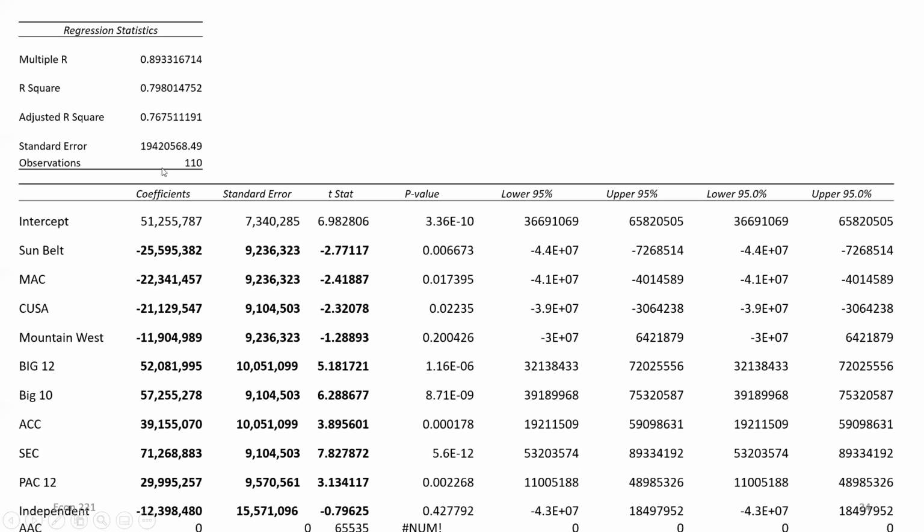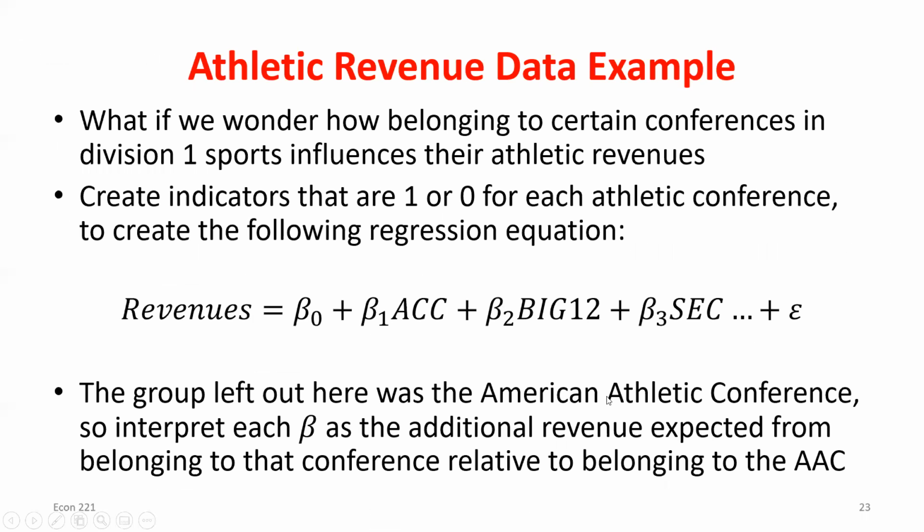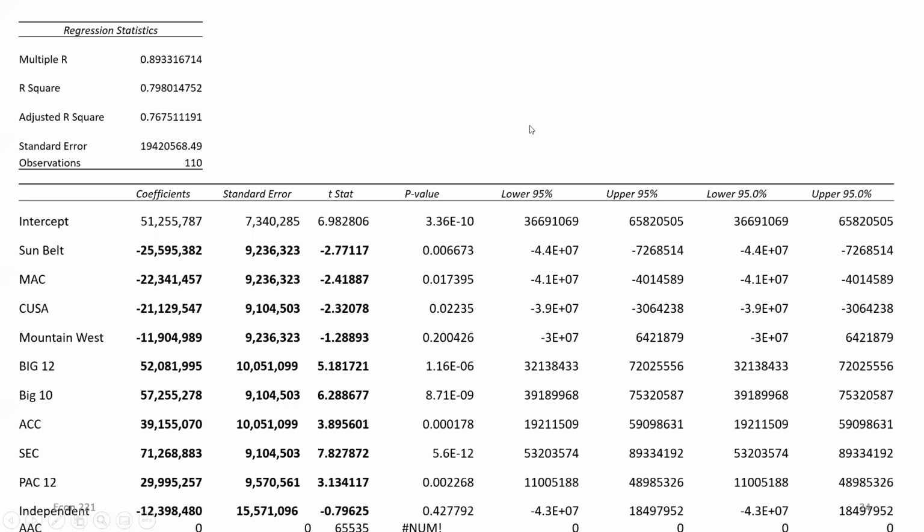Here's a slightly tricky one. If I left out the American Athletic Conference here, what would the predicted income be for a school that belonged to the American Athletic Conference? Yeah, just the intercept. Because every other dummy variable would be equal to 0.